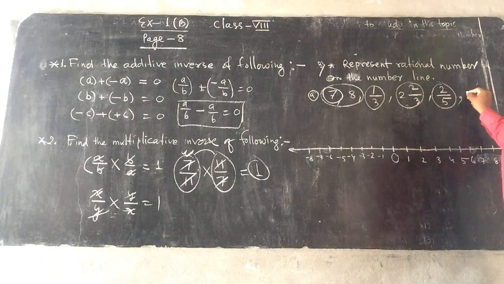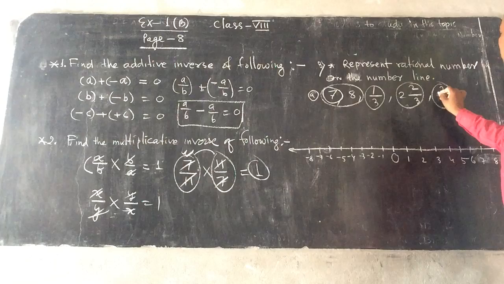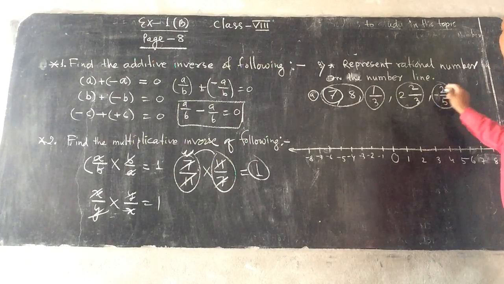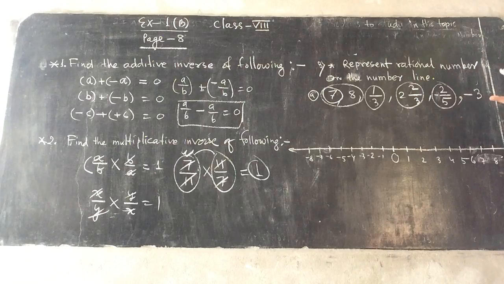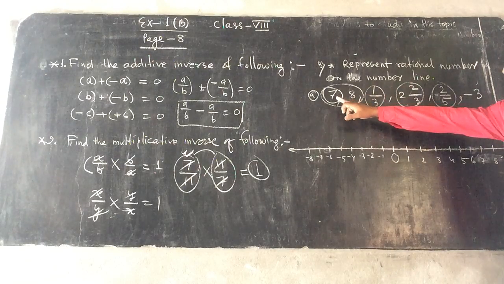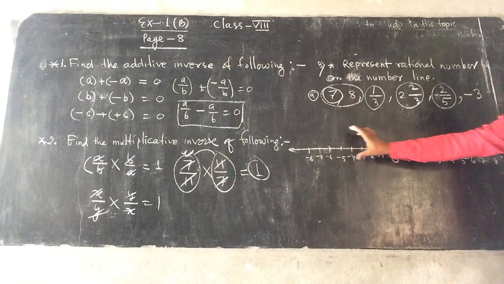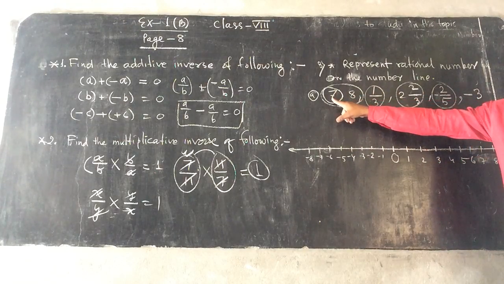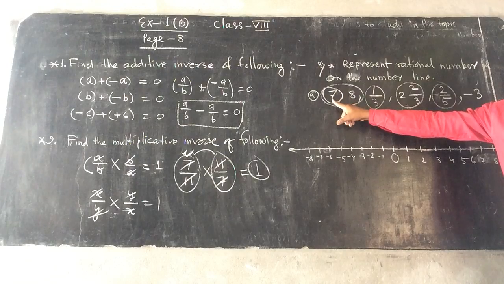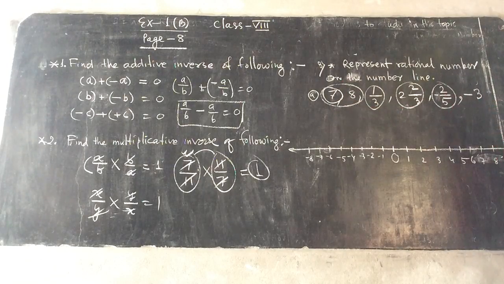Here I will write some negative numbers also, like -2 by 5 and -3, which are also negative. Look here very fast. Now we have to represent this 7 on the number line. Is 7 a positive or negative number? Positive. A positive integer means you have to plot it on the right side. 7 is here.